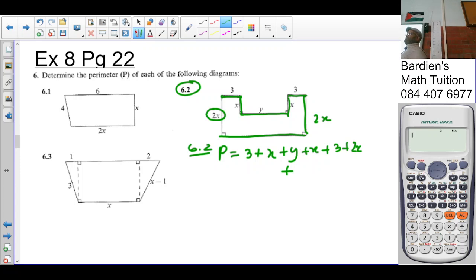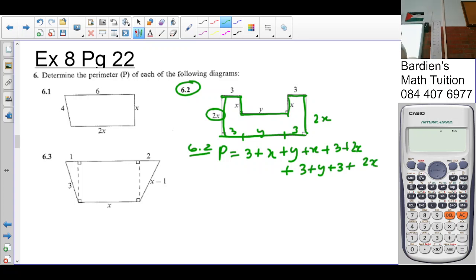That part is 3, y, and 3. I could have just replaced it with 6 plus y, not 6y. So it's going to be 3 plus y plus 3, or 6 plus y plus 2x.